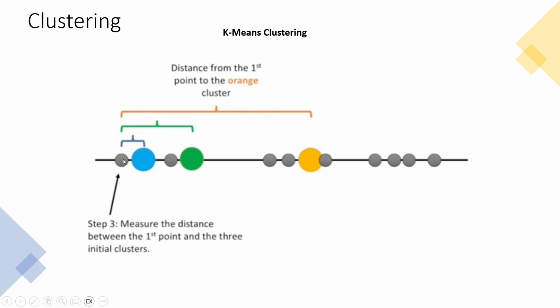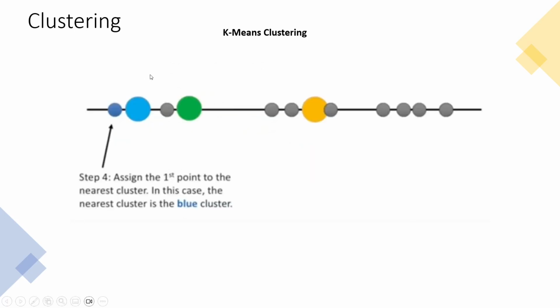This is the distance between this sample and the green class center, and this is the distance between this sample and the orange cluster center. Okay, and we assign blue to this sample because it is closest to the blue cluster center, right?